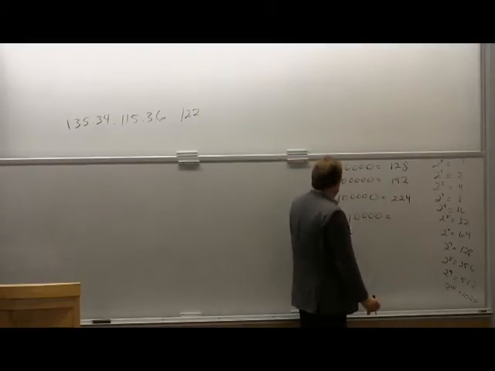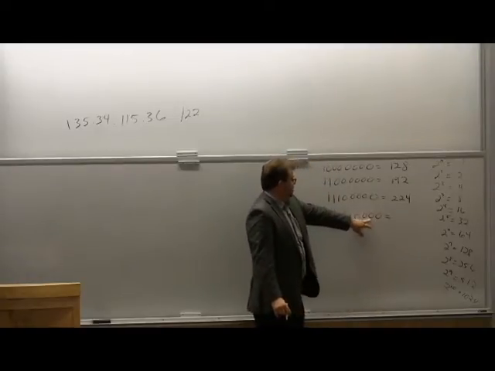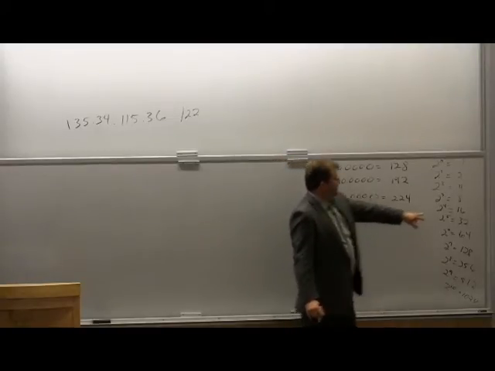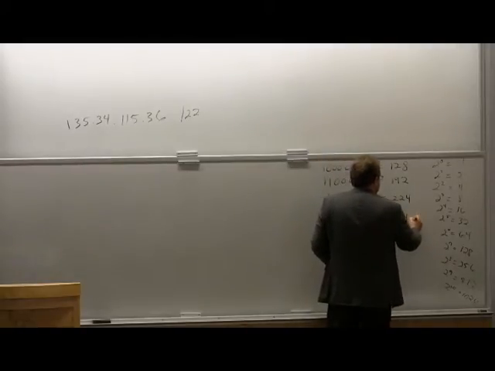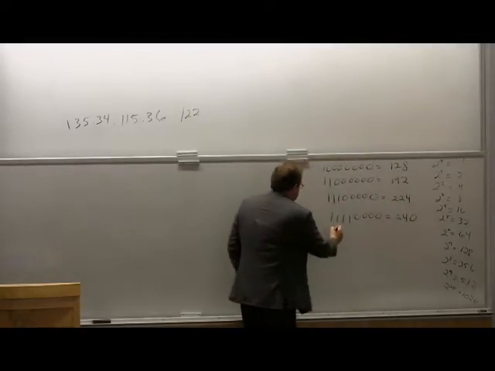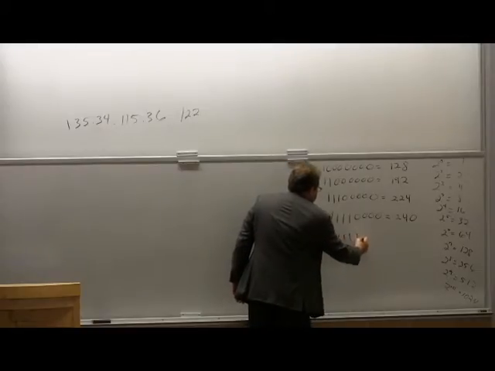Now we've added this spot, which is the 2 to the 0, 1, 2, 3, 4. 2 to the 4th is 16. 224 plus 16, 240. That's all we're doing, high order bits.